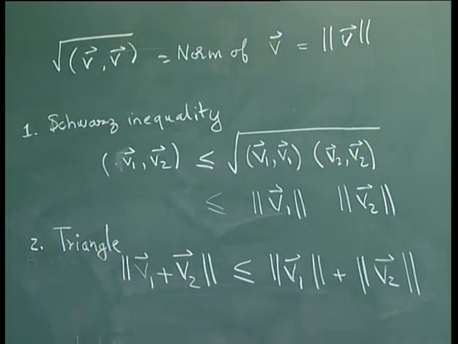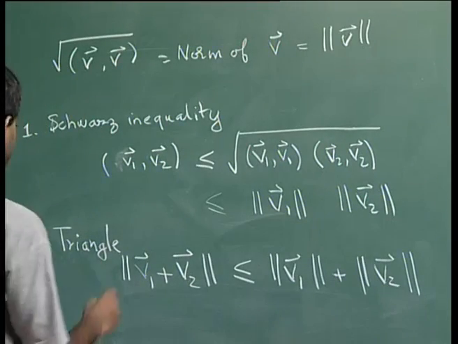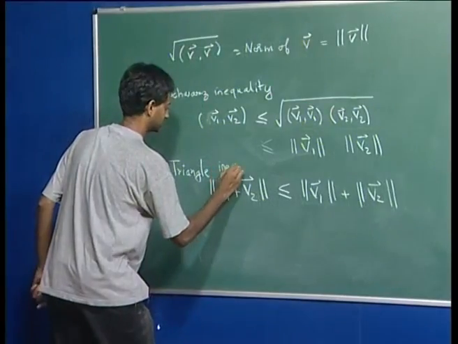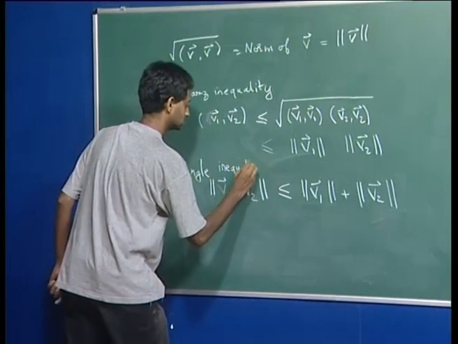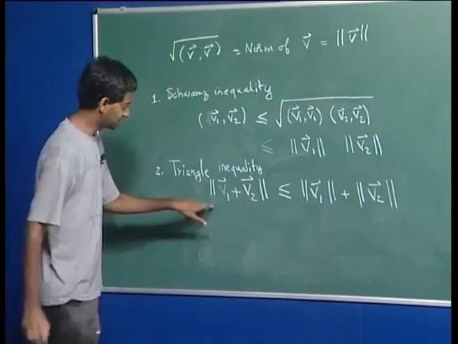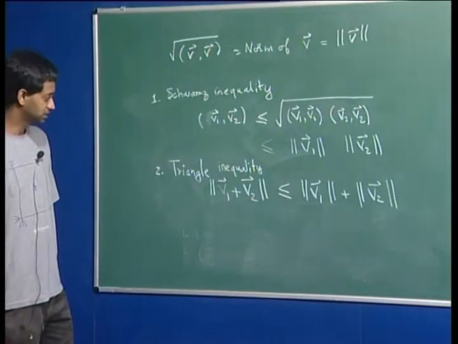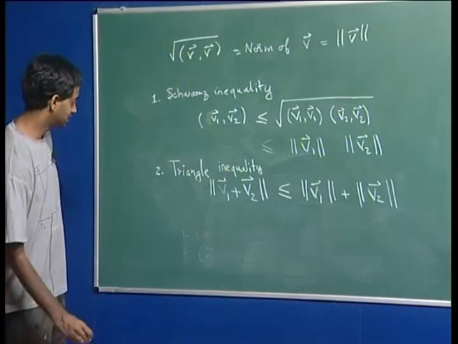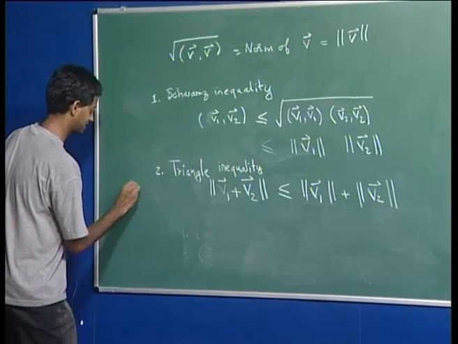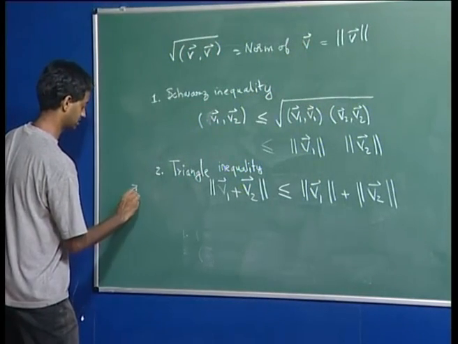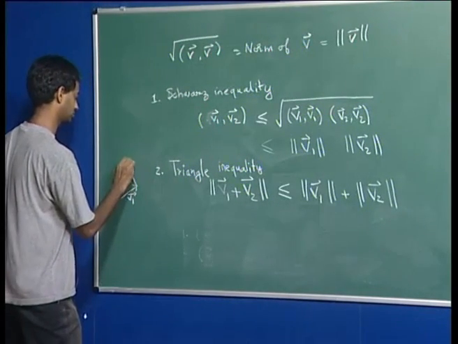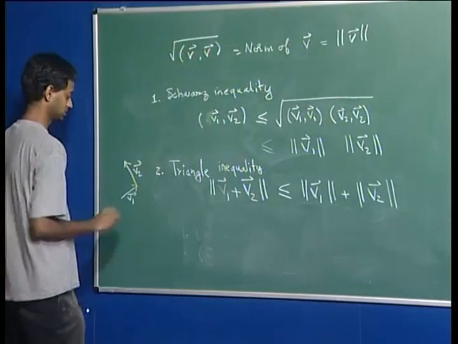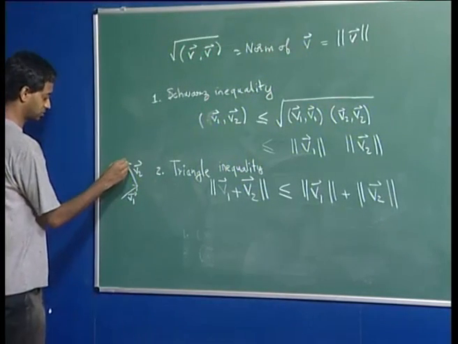So the way to think of this is, it is called the triangle inequality. If you imagine v1 and v2 to be vectors in the usual 3-dimensional space, then v1 might point in this direction. So if this is v1, this is v2, okay, then v1 plus v2 will be this.